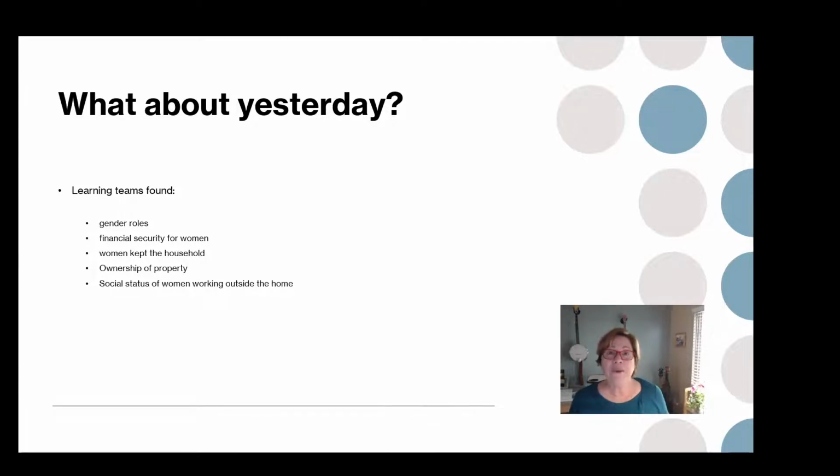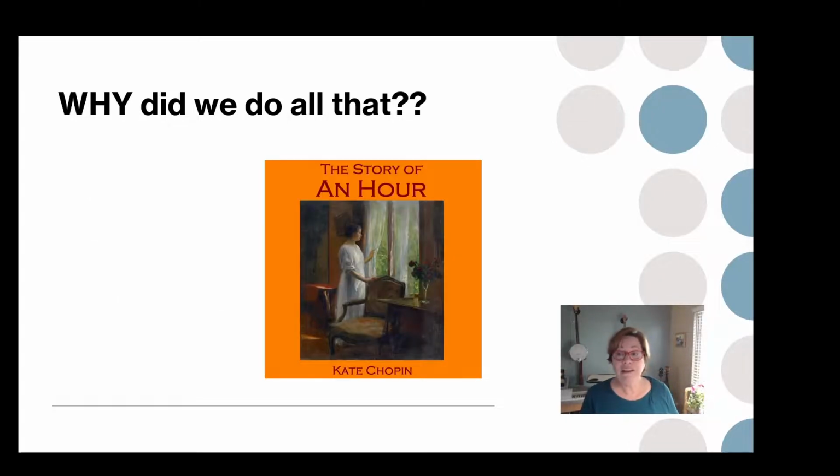You found out about financial security and insecurity for women. You found out about what women were expected to do in a household, what men were expected to do. You found interesting stuff about ownership of property like houses. And you also found interesting information about the social status of women who worked outside the home.